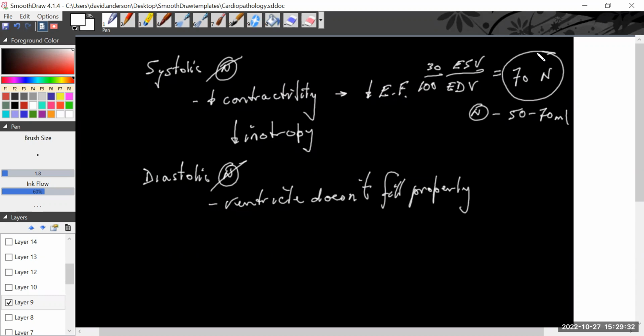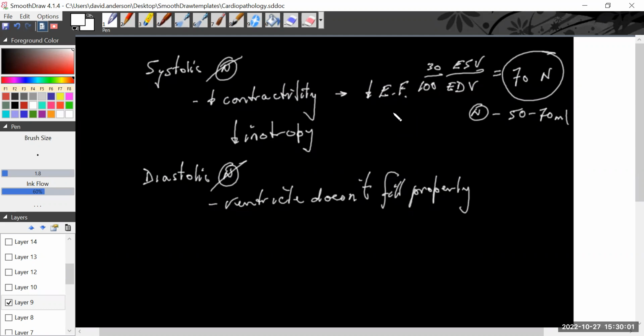The problem with a decreased ejection fraction in a systolic problem is that the ejection fraction is dropping towards 50, then maybe 40. So that's a problem. In the diastolic abnormality, the ventricle doesn't fill properly, so we maybe don't get to 100 to begin with. Maybe we only fill to 60. So even if we had a good ejection fraction, in other words good contractility, we don't have much volume to begin with.